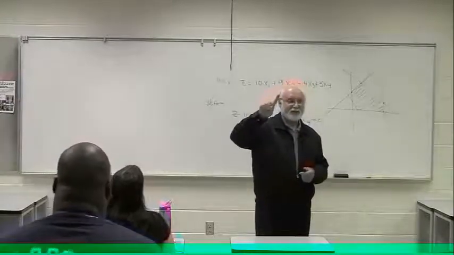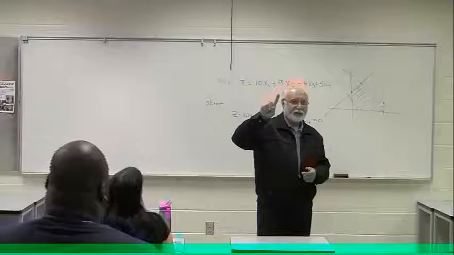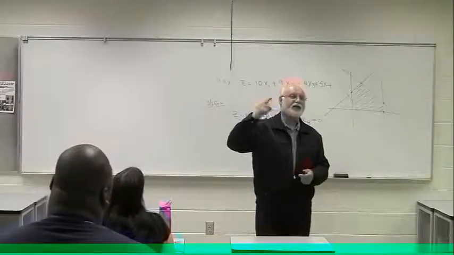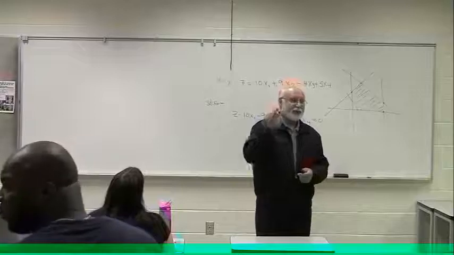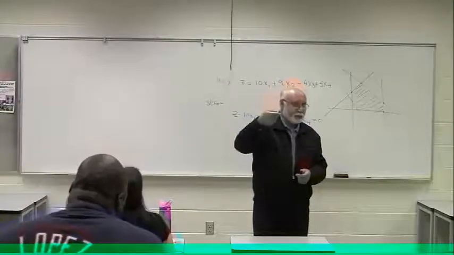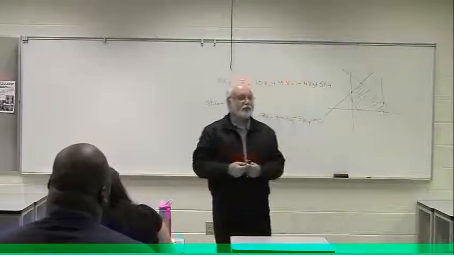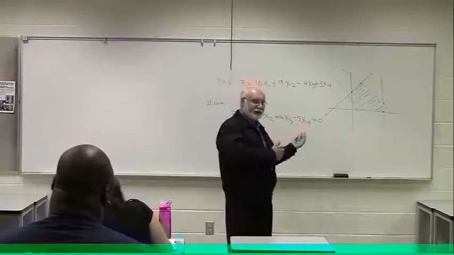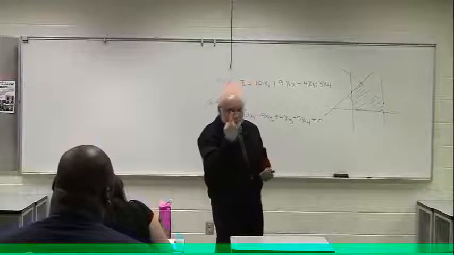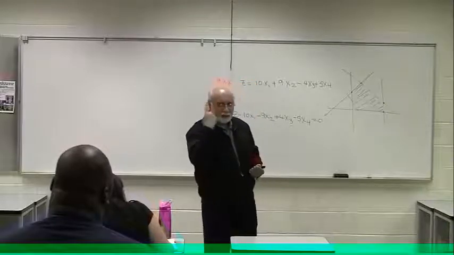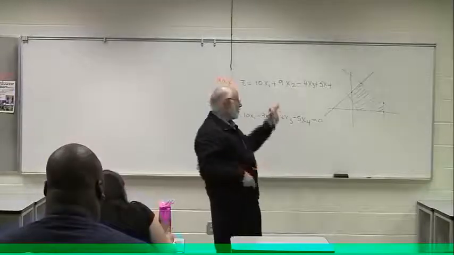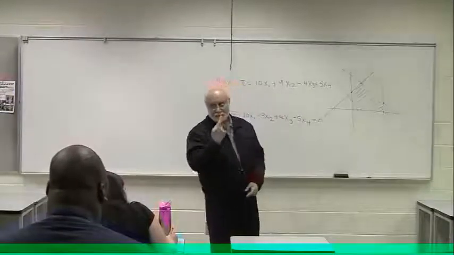The adjacent is the key point. You're trying to go to an adjacent extreme point. And an adjacent extreme point is an extreme point that is different from the previous one only in one variable. That's what we're talking about, one variable at a time.